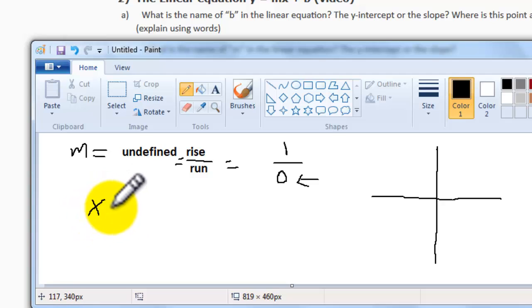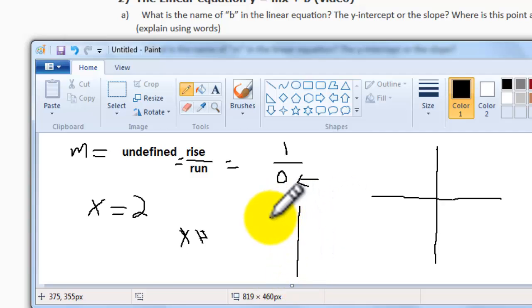When x equals 2, let's say, that means that with an undefined slope, your equation is sort of just whittled down to just an x value. That's sort of hard to explain, but let's plot it. So you have your coordinates, and no matter what, x is going to equal 2.